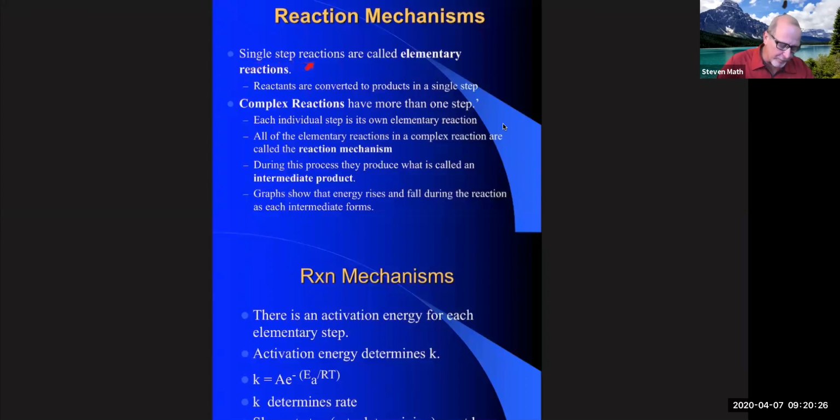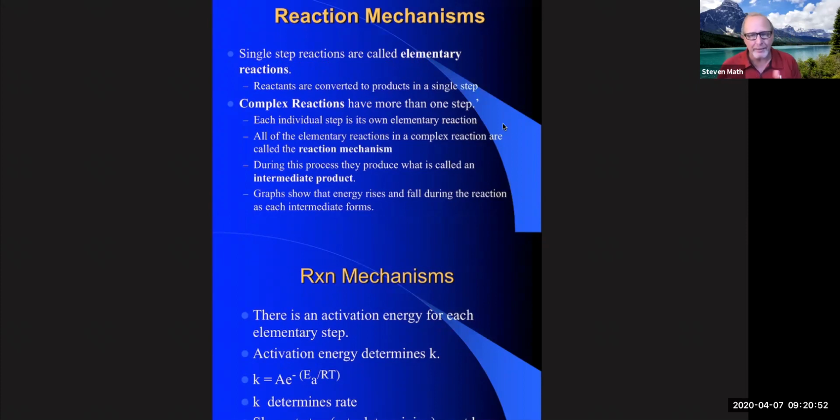There are single-step reactions that are called elementary reactions. These elementary reactions are usually going to be given to us, and from those, we can determine the reaction order and the rate law from these. This is where reactants are converted into products in one individual step, super simple.